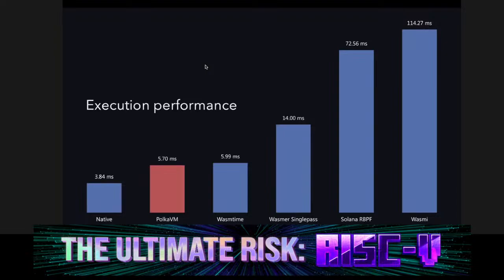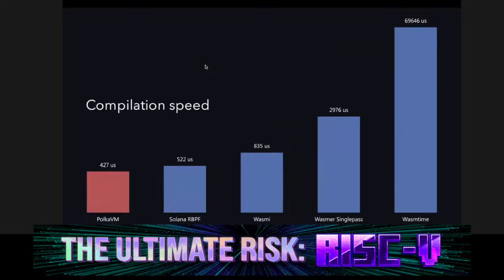So this is great, but this is only execution performance, and we also care about compile time performance. So how long does it take to translate a program from RISC-V into native code? And we're also pretty good here. We are in first place with 427 microseconds, and the second best is Solana.